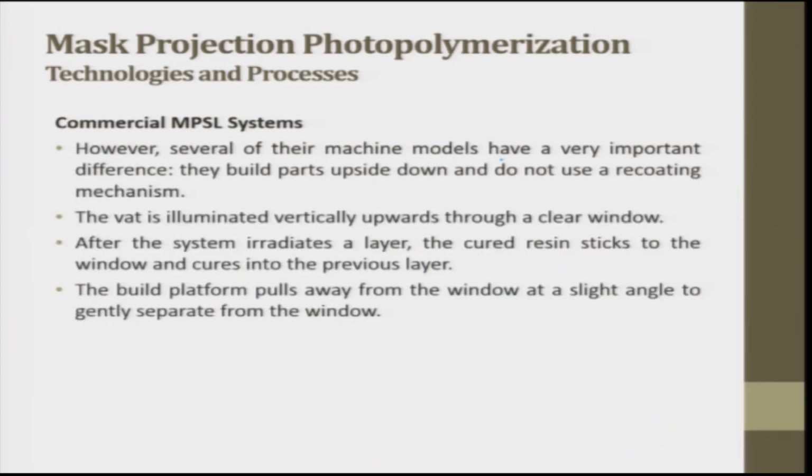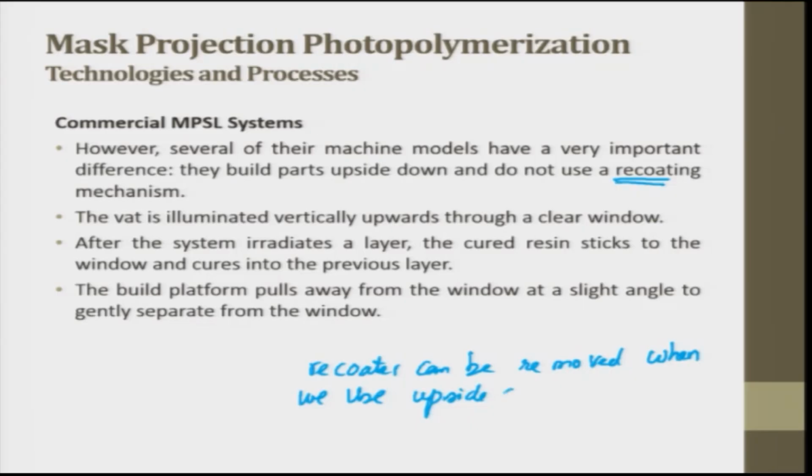However, several of the machine models have a very important difference. They build parts upside down and do not use a recoating mechanism. So the recoater can be removed when we use an upside down setup.